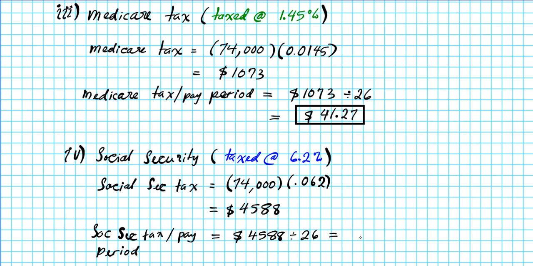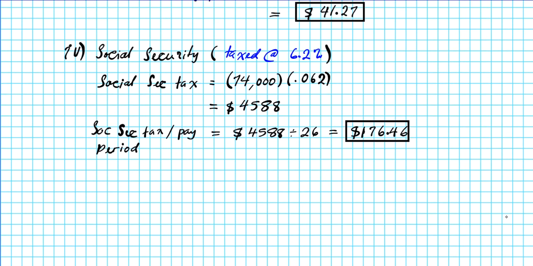If you carry out this division in your calculator, you will get $176.46. This is the amount that's deducted from her paycheck every 2 weeks for Social Security.